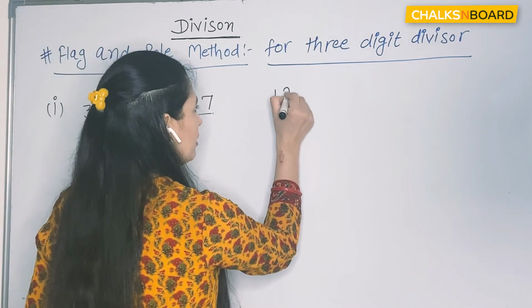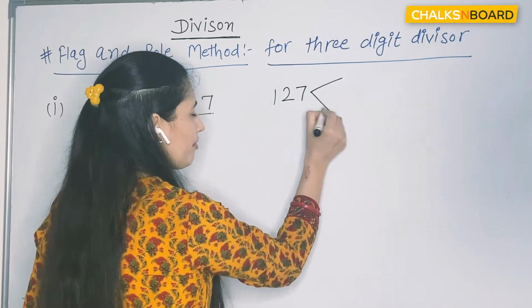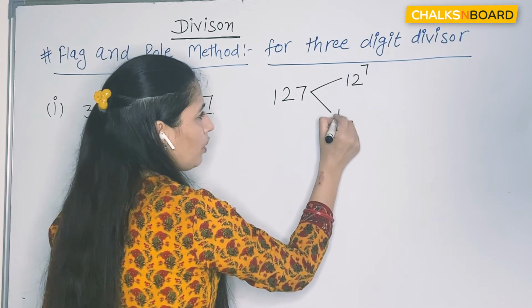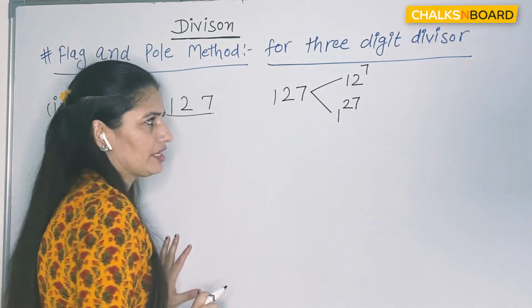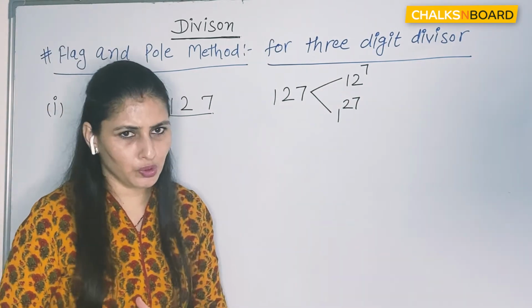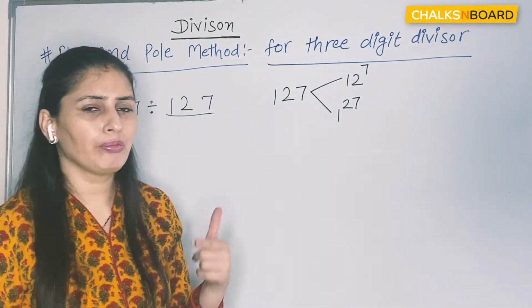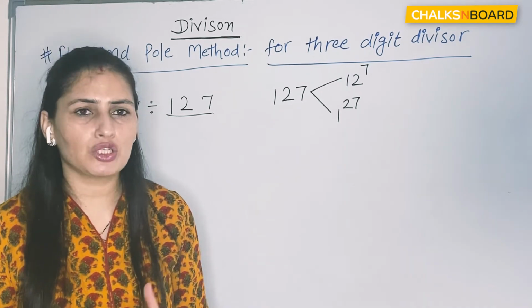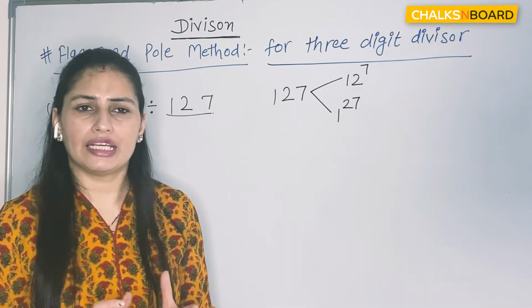So first write the number as it is, and we can write this number in two ways, that is 12 raised to power 7 और 1 raised to power 27. तो ये आप पे डिपेंड करता है कि आपको कौन से ऑप्शन को चूज करना है, लेकिन हमें मोस्ट प्रेफरेंस उसको ही देना है नंबर को जहां पर आपका जो कैलकुलेशन पार्ट है वो इजी रहे.